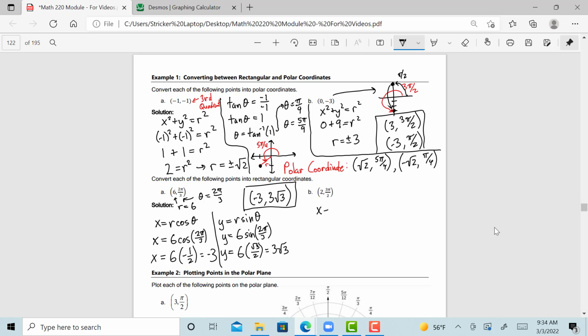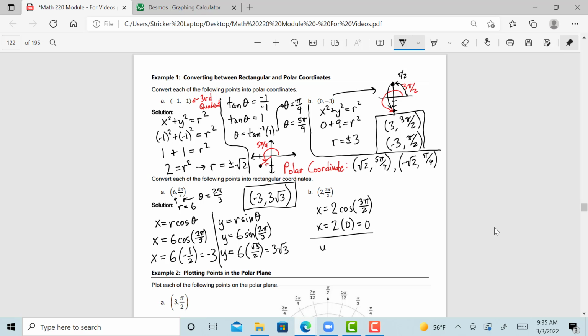Again, x is going to be equal in this case to 2 times the cosine of 3 pi over 2. Cosine of 3 pi over 2 is 0, so we get x equals 0.